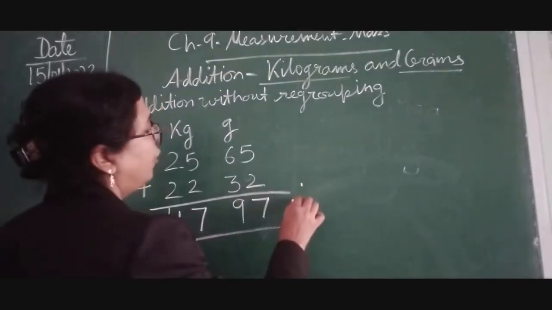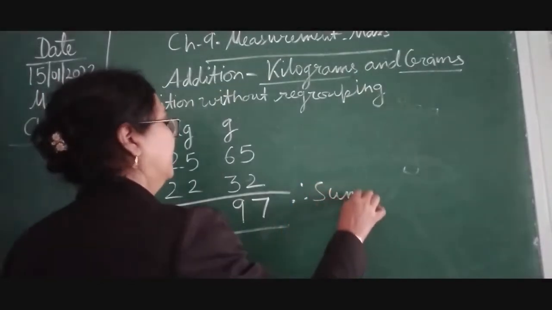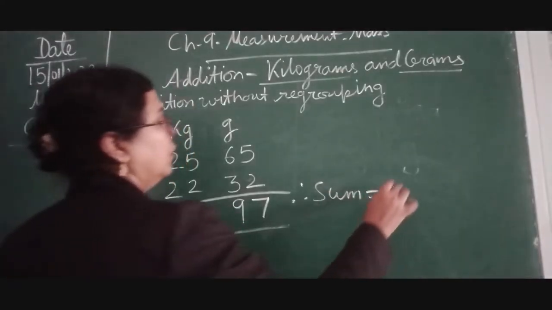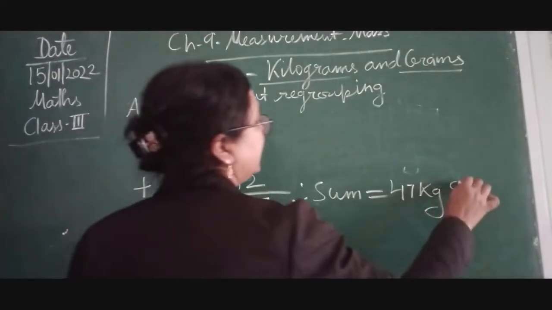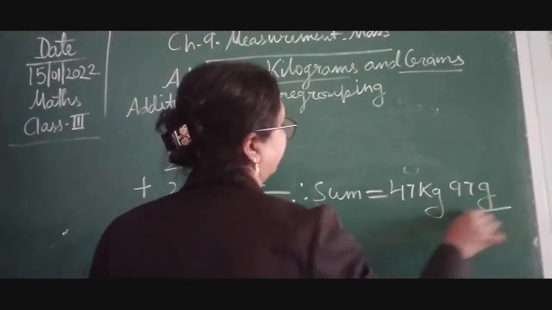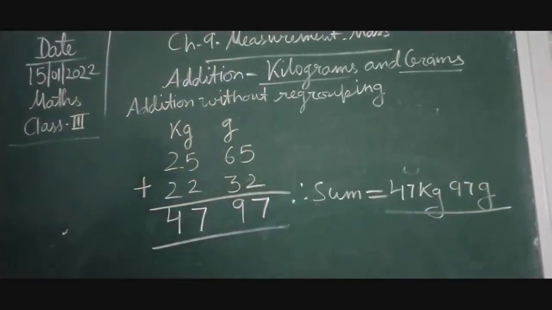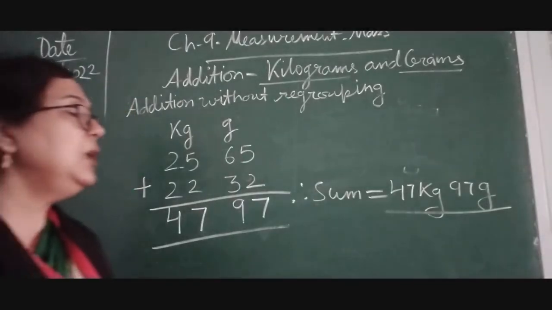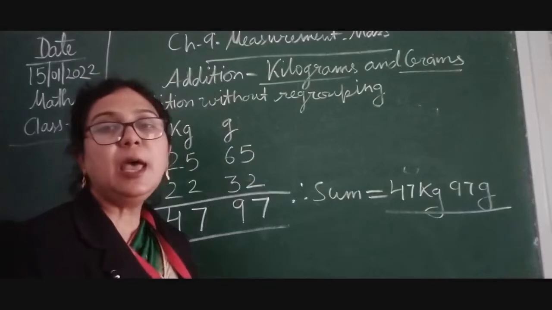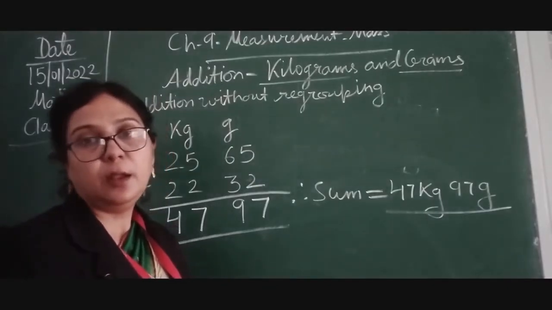So therefore sum equal to 47 kg and 97 gram.